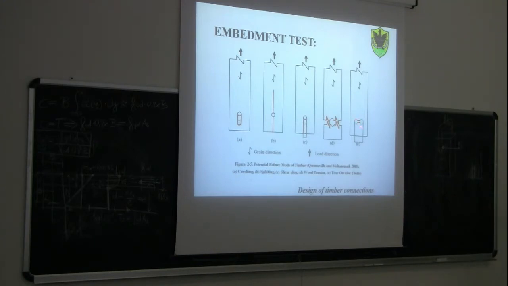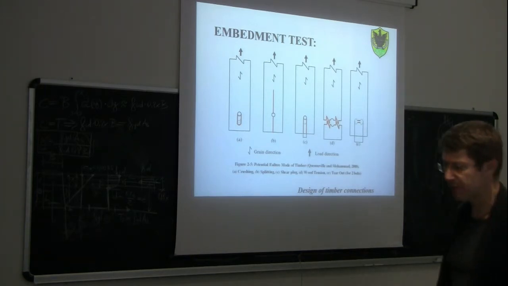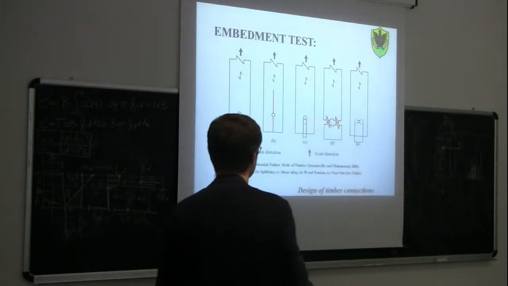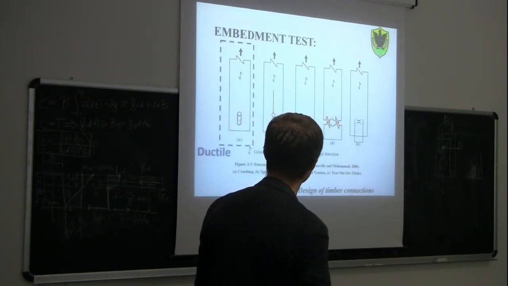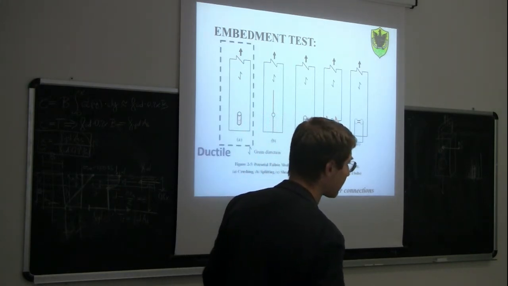Okay? So those are all the different failure mechanisms that we may have in this kind of test. Now, each of those failure mechanisms is associated with a certain ductility. If we check the load displacement curve that we get with these different failure modes, we will find that the only ductile failure mode is the first.